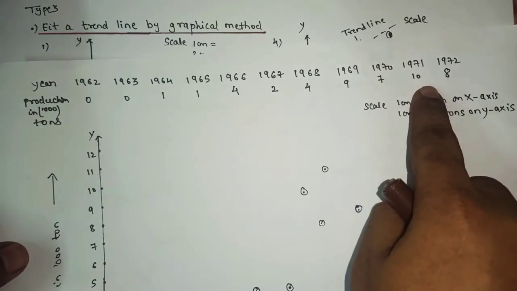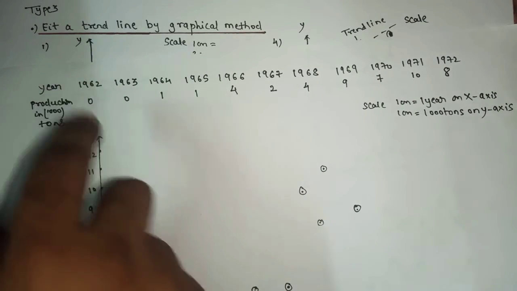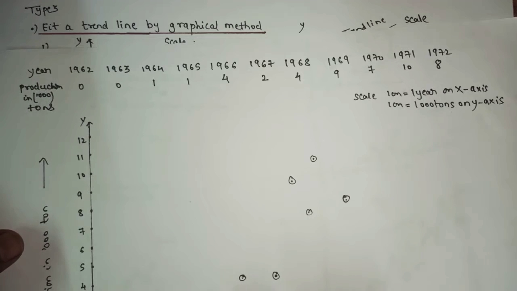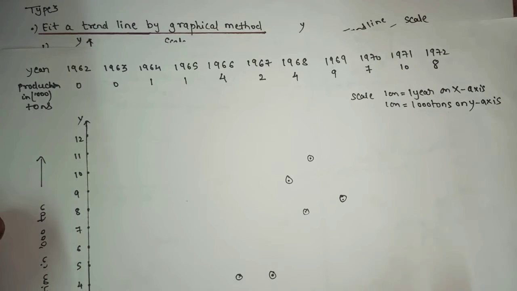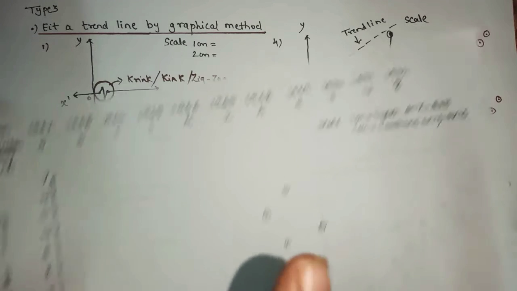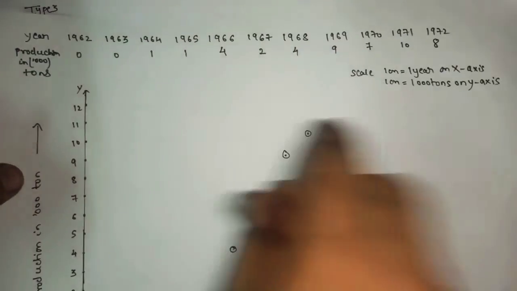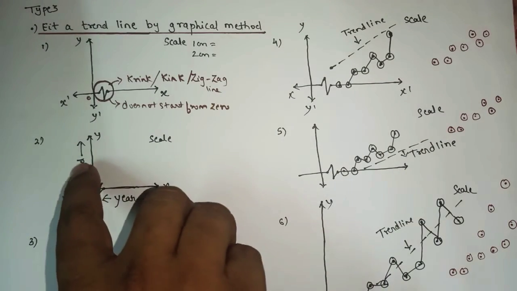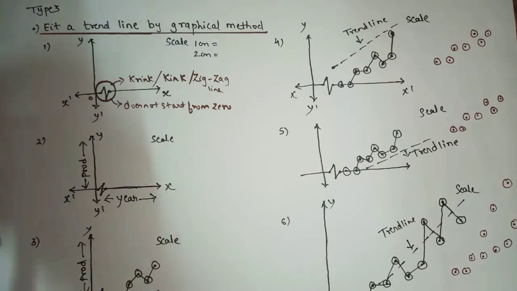This number will come on the y-axis and this number on the x-axis. So in simple language, the numbers which are related to class always come on the x-axis. The numbers which are related to frequency always lie on the y-axis. Okay, so that was point number 2.